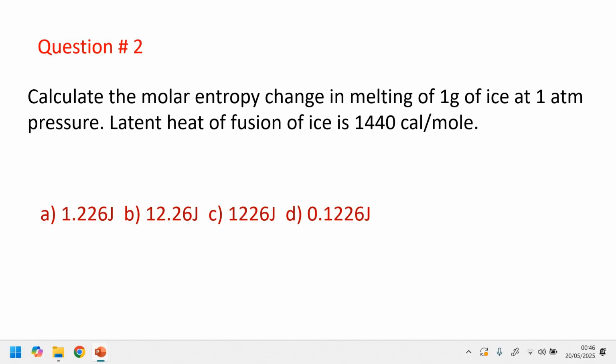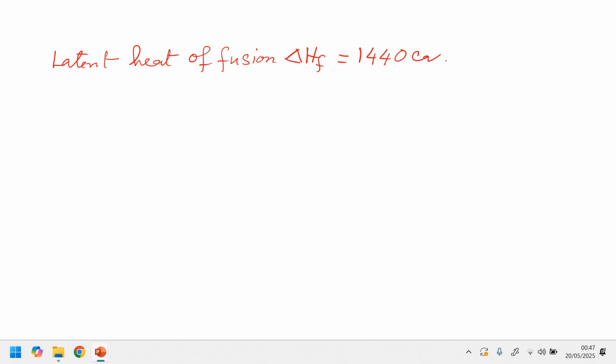So the latent heat of fusion of ice is given in calories. So here the latent heat of fusion, that is delta H fusion, is 1440 calorie per mole.